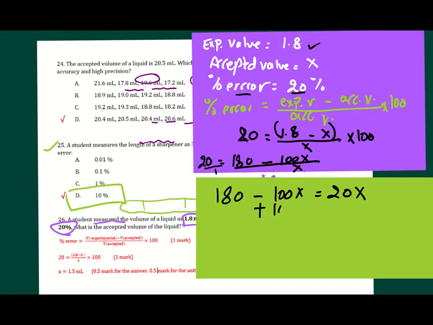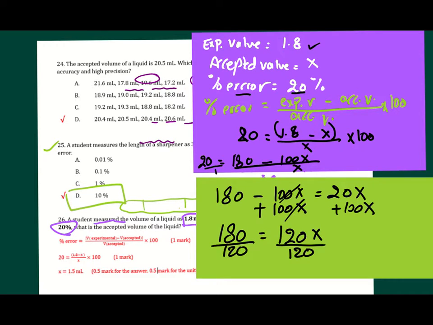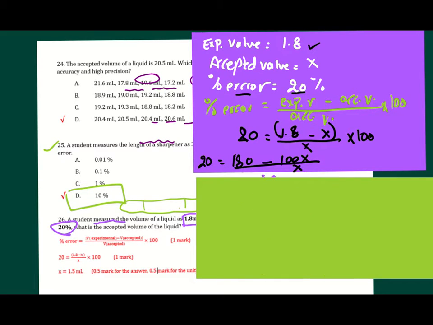I'll write here plus 100x, plus 100x. Will cancel out. So 180 equals 20 plus 100, 120x. To get the value of x, divide both sides by 120. So x equals 18 over 12 equals 1.5 ml. This is the final answer.